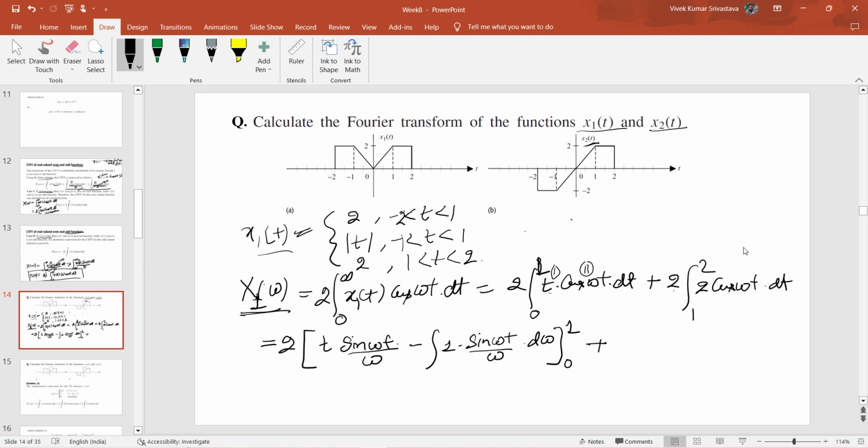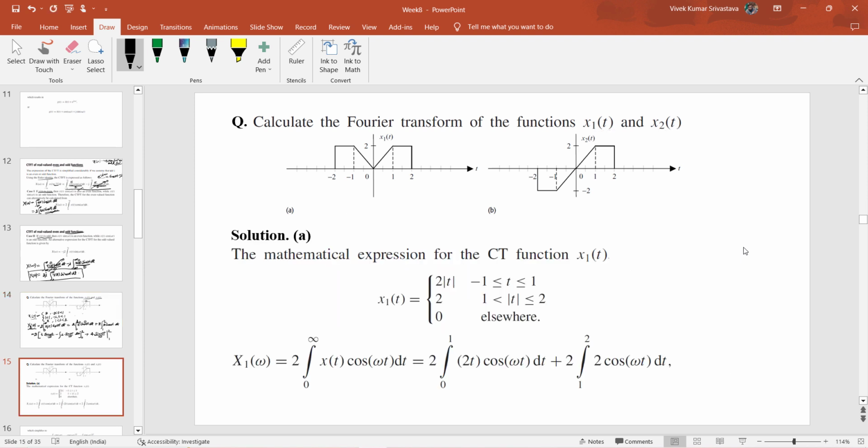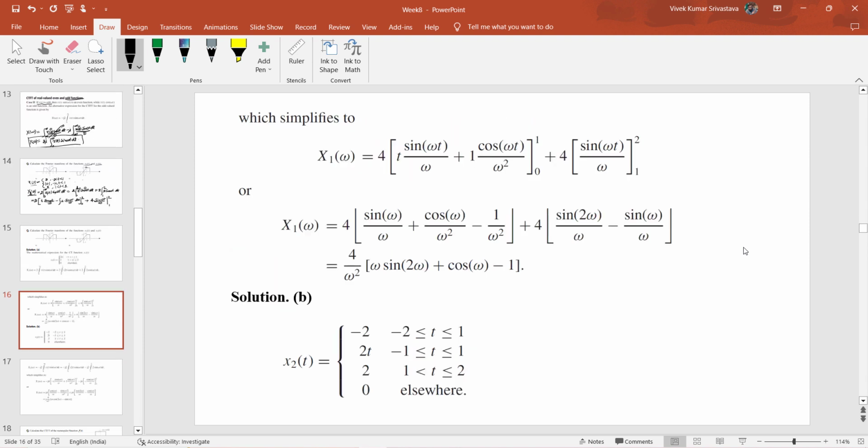Similarly, the second part we can write as 4 and sin(omega t)/omega. We can also put the limits here. Once you evaluate this integral, you will get this expression, which is basically the Fourier transform of x1(t).